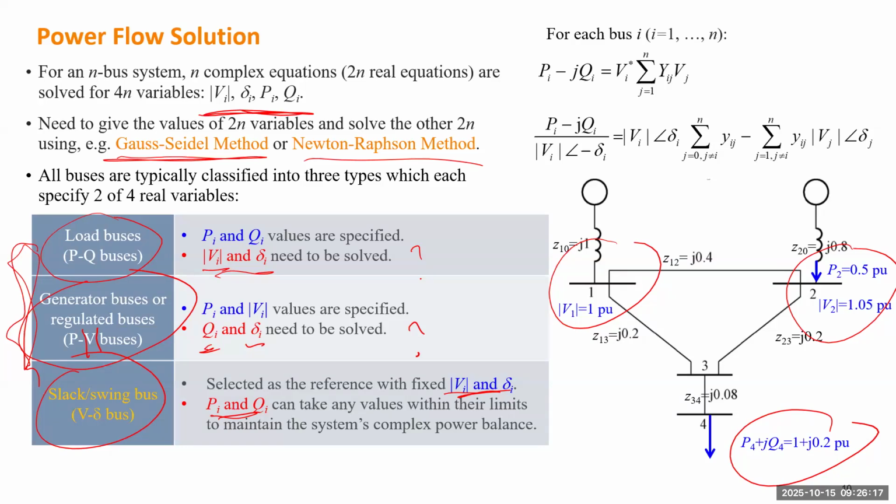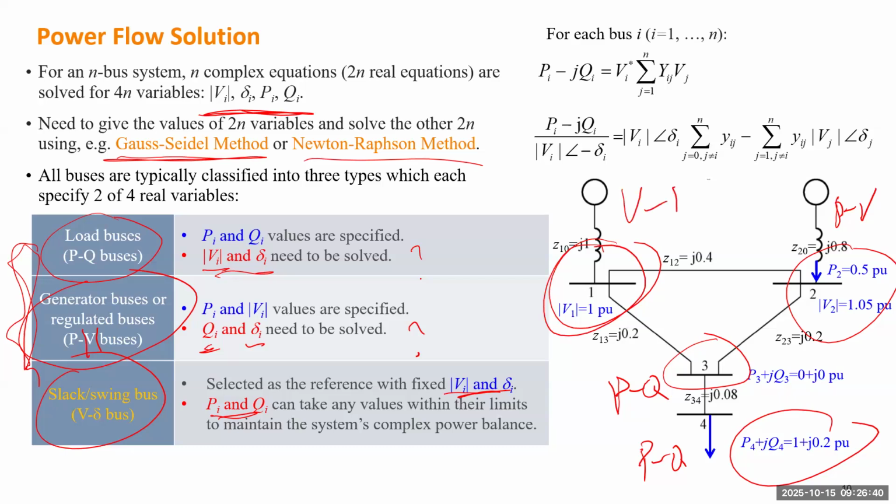So this one will be a slack bus. And for bus 3, we didn't give anything, but we assume no load at this bus, which means both P and Q are 0. So this is also a PQ bus. So we have a PQ bus here, a PQ bus there, and a PV bus. And finally, bus 1 will be a slack bus, right? It will be a V delta bus.